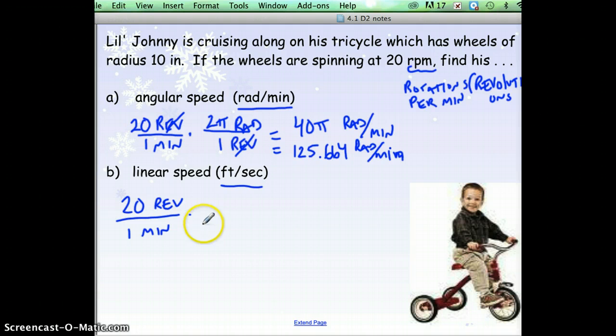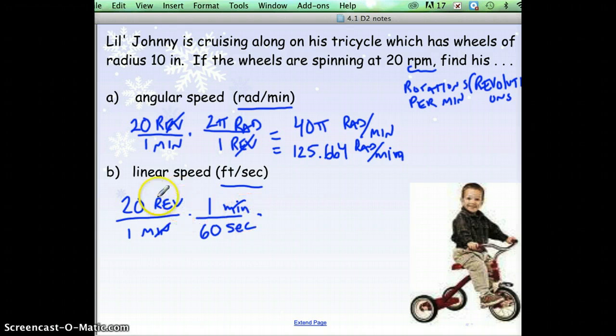So let's try that. If minutes are on the bottom, then minutes are going to have to go on the top, and seconds will go on the bottom. So in 1 minute, there are 60 seconds. So minutes are done.